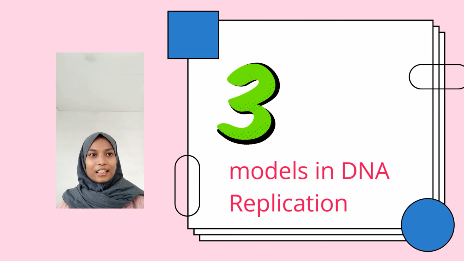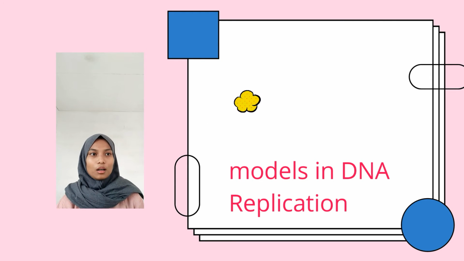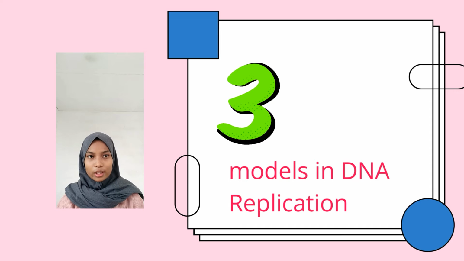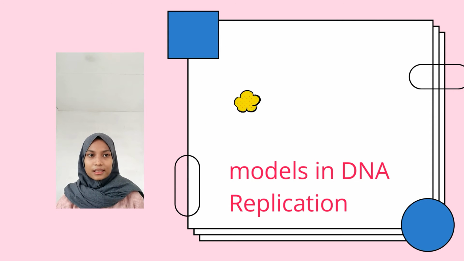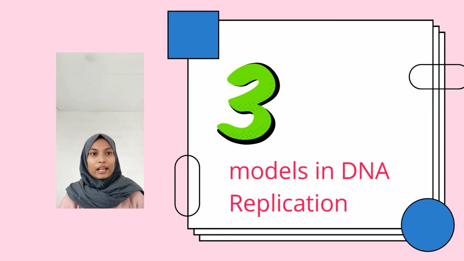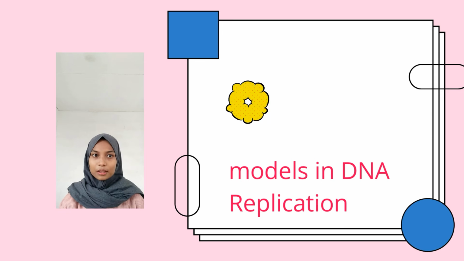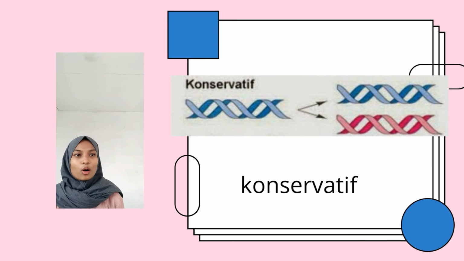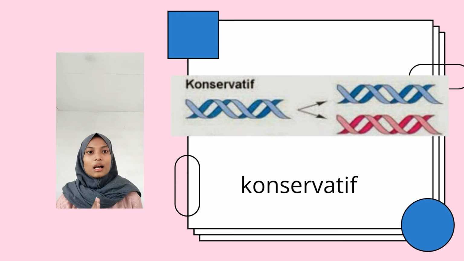DNA replication is the process of DNA doubling that occurs in the nucleus and occurs in the synthesis phase, in the interphase of cell division. There are 3 models in DNA replication. The conservative model, where the 2 parent DNA strands serve as templates.